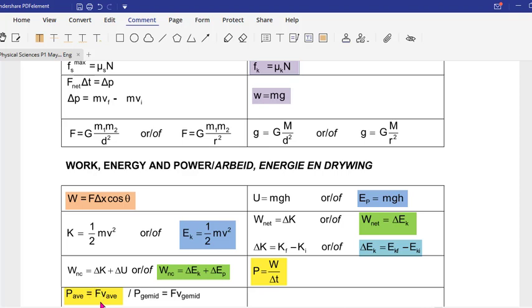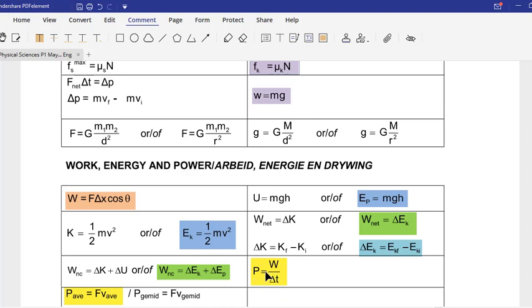We also don't know the applied force of the motor, but we are given time, which makes this formula an appropriate one. Now we say power is equal to the work done by the motor divided by the time taken. Since we know the time information, we can calculate the work done by the motor, and then when we divide that by the time, we get the average power of the motor.